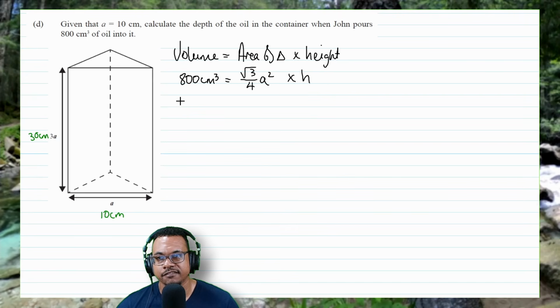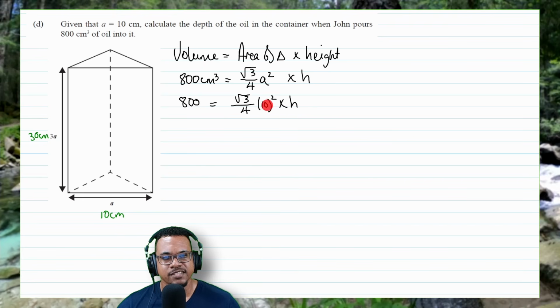So we'll have 800 is equal to square root of 3 over 4 times 10 squared times h. Now 10 squared would be 100. So we'll have 800 is equal to square root of 3 over 4 times 100 over 1 times h.